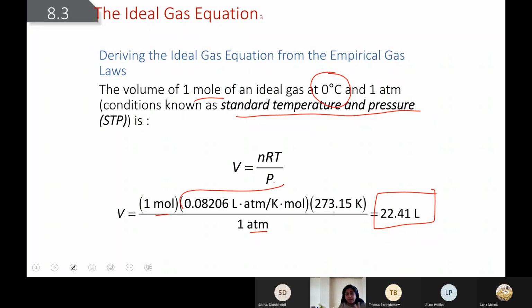When we apply this ideal gas equation, if we assume all these gases behave as an ideal gas, then the volume of any gas sample at standard temperature and pressure conditions, that is, the volume of 1 mole of an ideal gas at 0 degrees Celsius and 1 atm, is 22.41 liters.